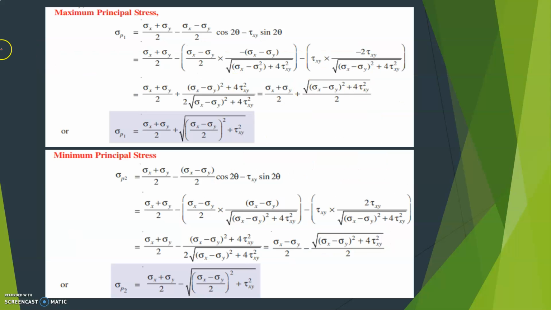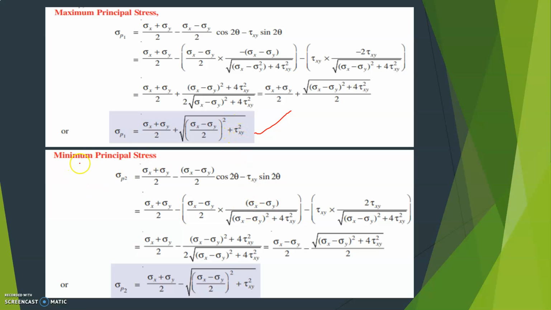Next, here also we have maximum principal stress and minimum principal stress. The maximum principal stress is given by this formula: sigma P1 is equal to (sigma x plus sigma y) divided by 2, plus the square root of ((sigma x minus sigma y) divided by 2) whole square plus tau square xy.